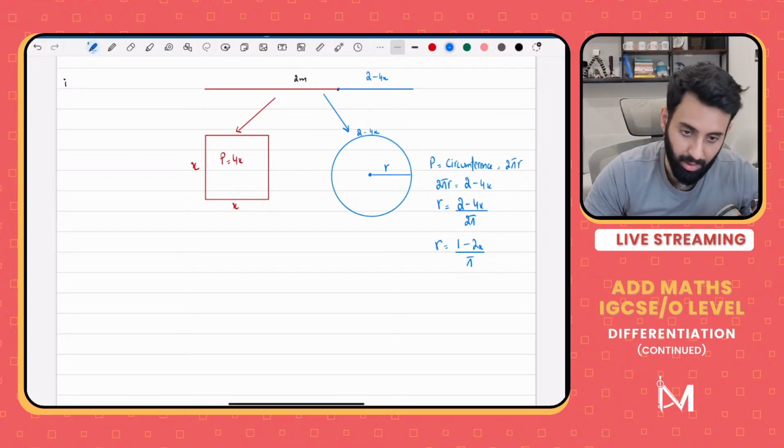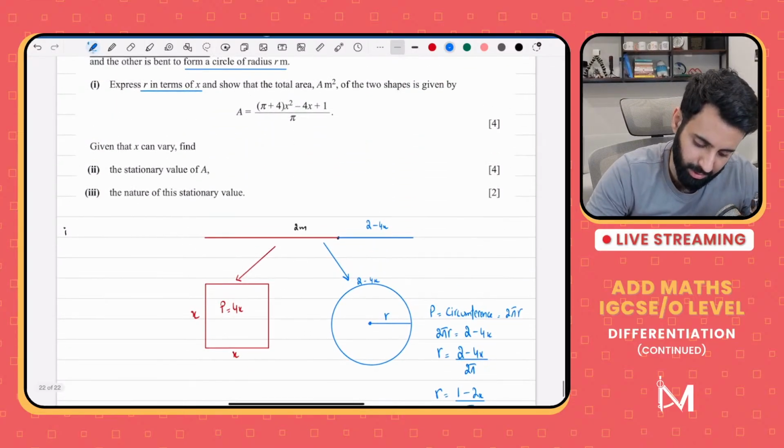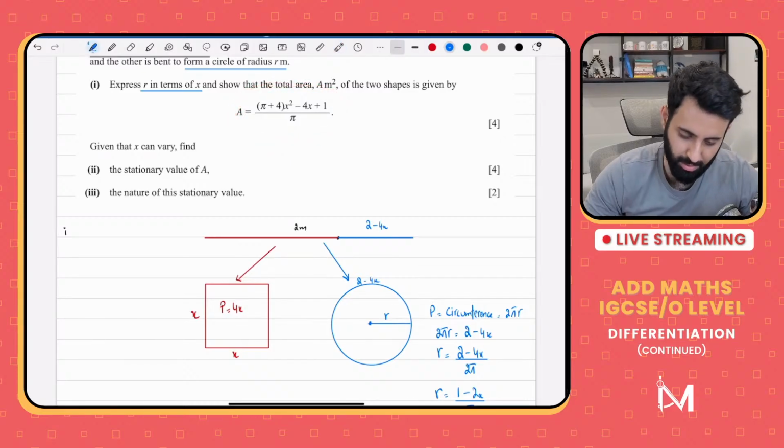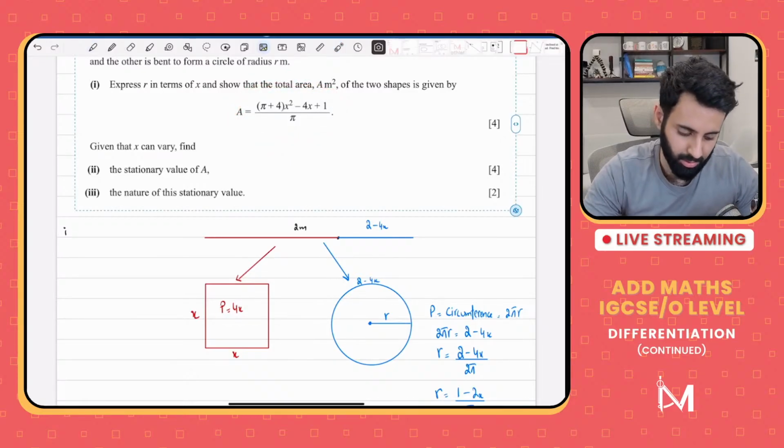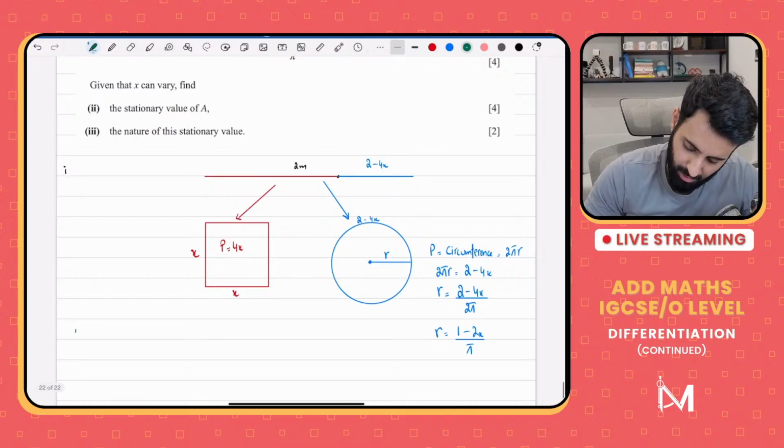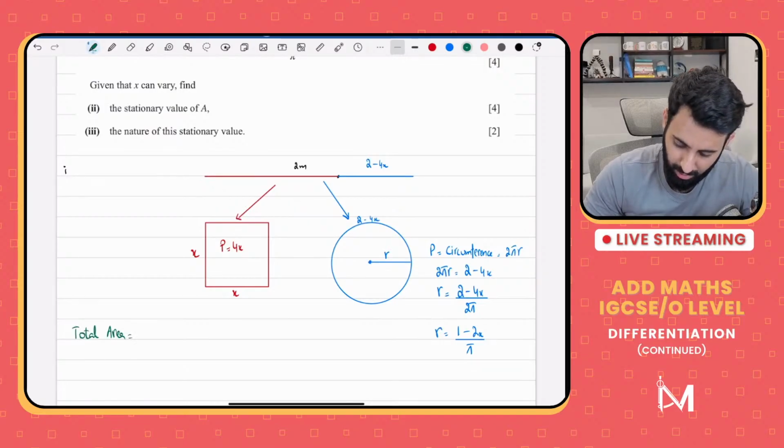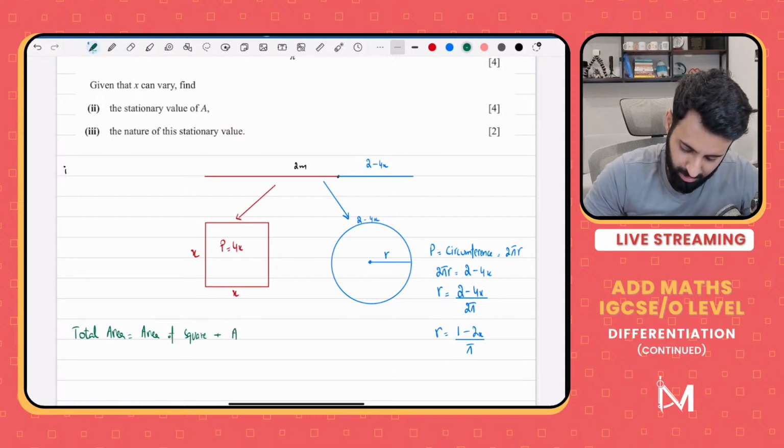Okay. Now, what are we supposed to do next? We're supposed to show that the total area, so total area means area of the square plus area of the circle. So total area is equal to area of square plus area of circle.